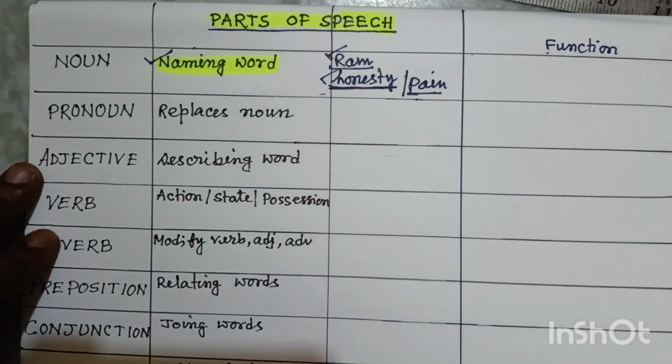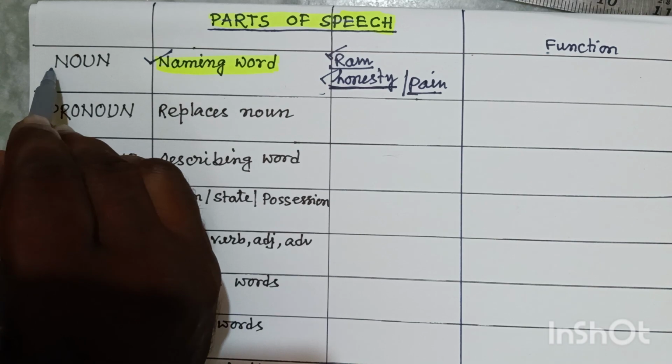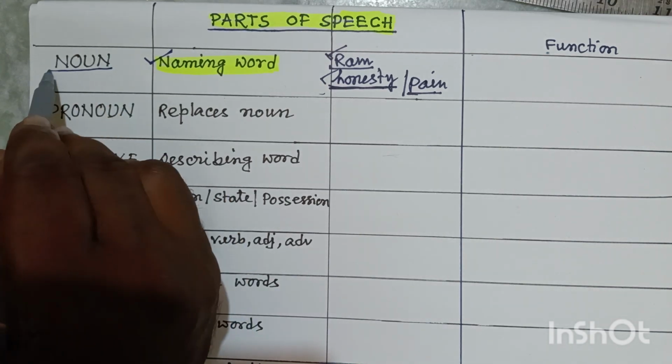So, my dear friends, I mean to say, whatever things are present in the atmosphere, everything has a name. That means all the words which are available in the English dictionary can be used as a noun.